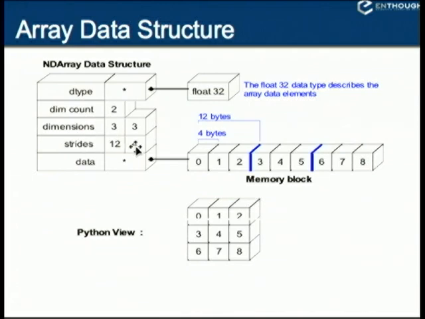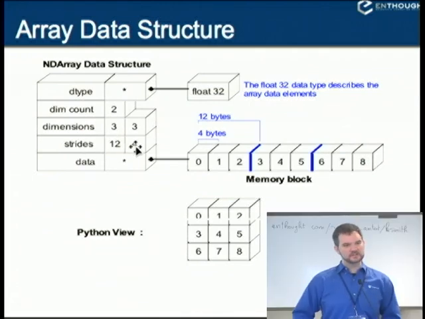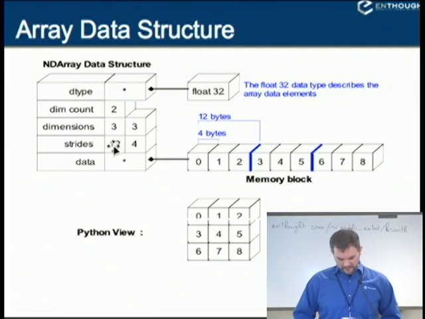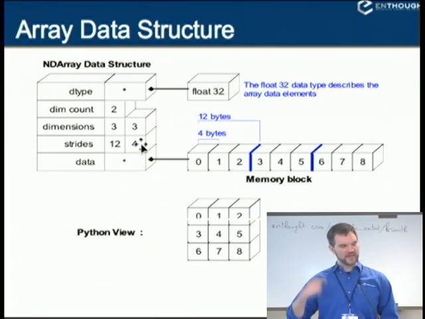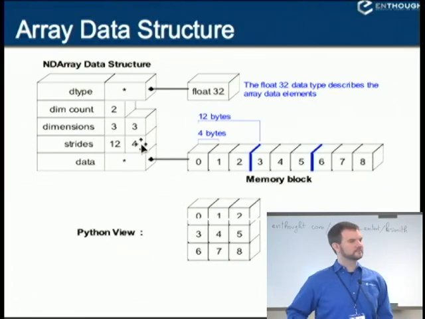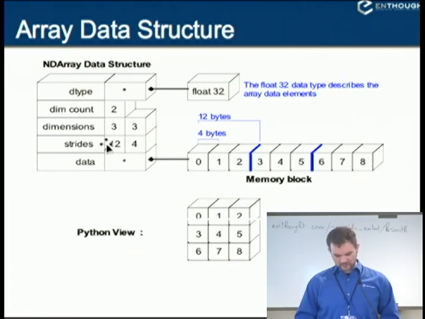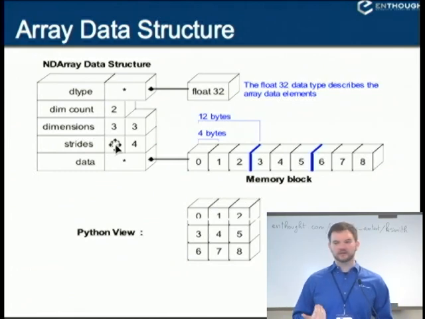First dimension, number of rows is 3, number of columns is 3. And the strides here is maybe not incredibly obvious, but it's very, very useful. Strides is telling us how many bytes to skip over in that specific dimension to increment that dimension counter. So strides is telling us you skip over 12 bytes in the rows to get to the next row, and you skip over 4 bytes in the columns to get to the next column.